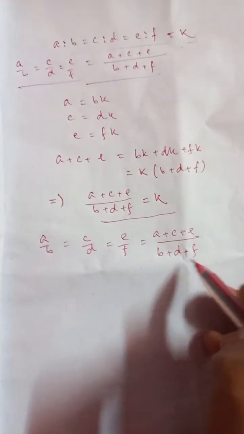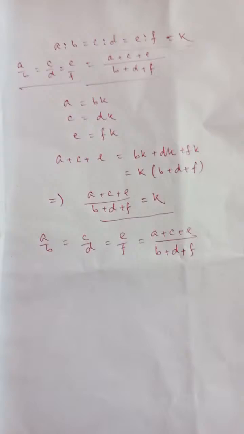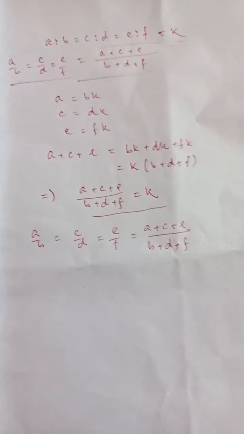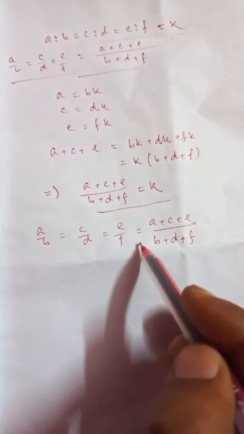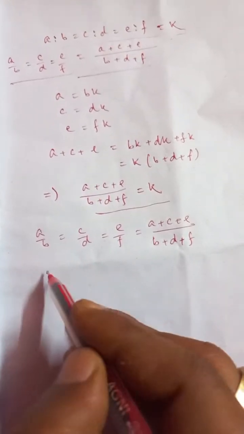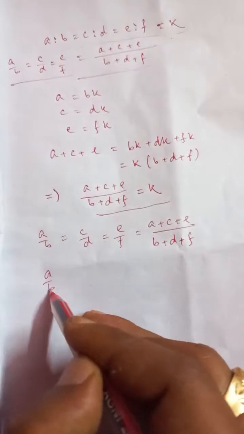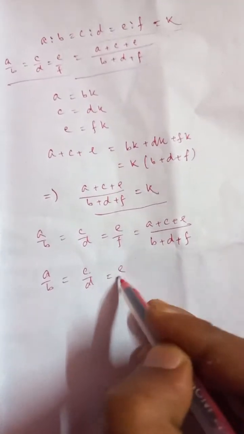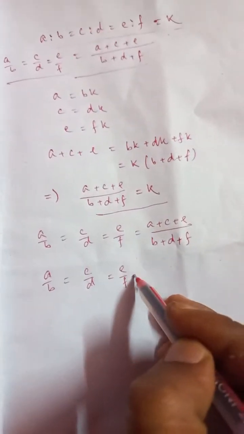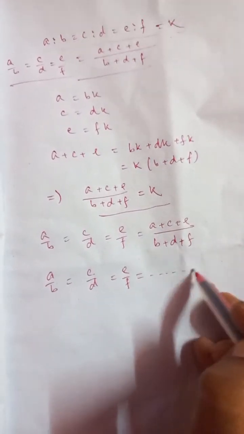So it is true for an infinite number of ratios. A by B equal to C by D equal to E by F equal to and so on.